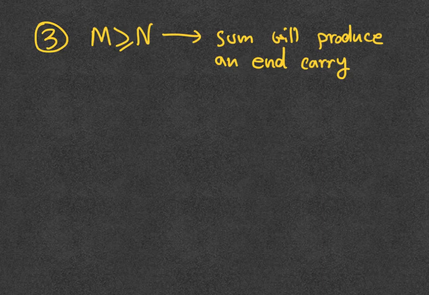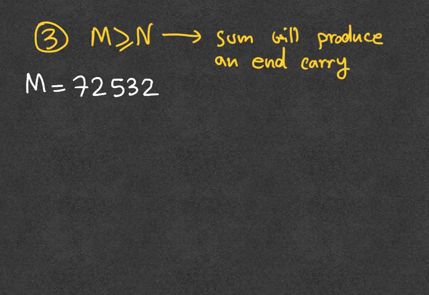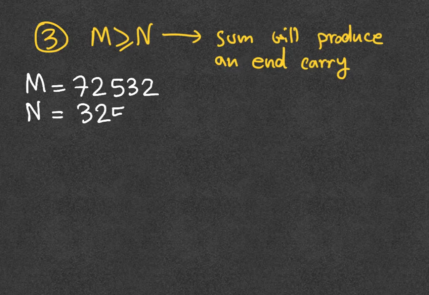Here we're going to consider the same numbers. M is 72,532, and n is going to be 3,250. As I said, since it has one less digit, you just add 0 for n.